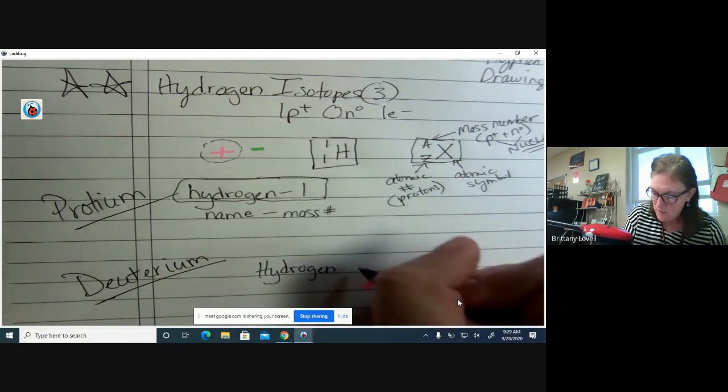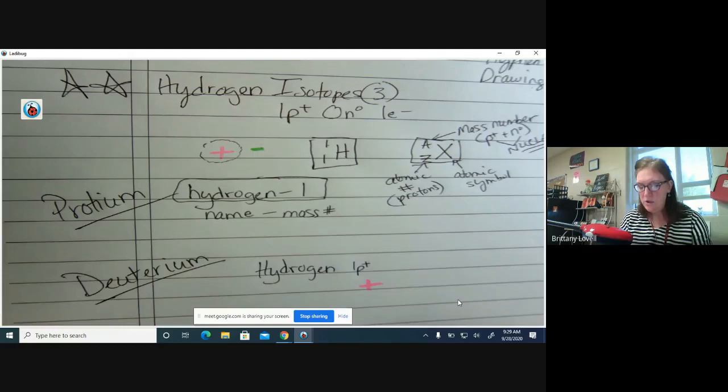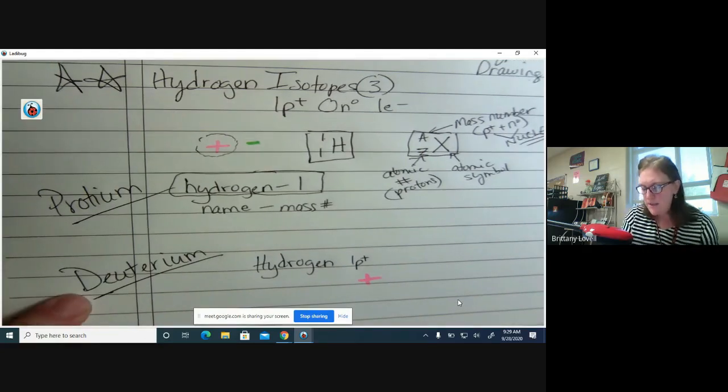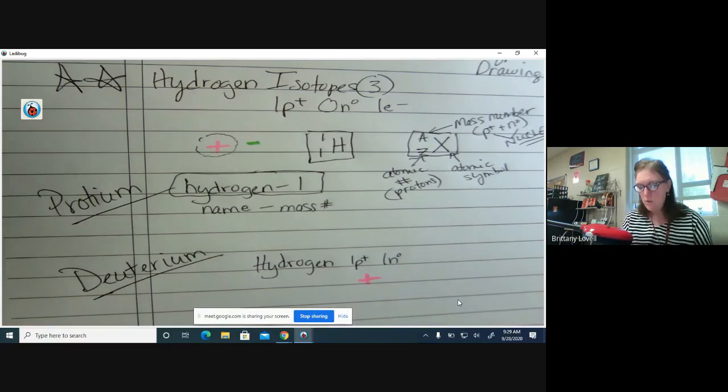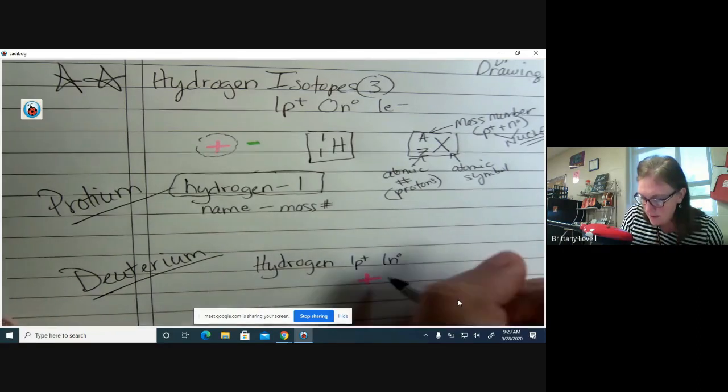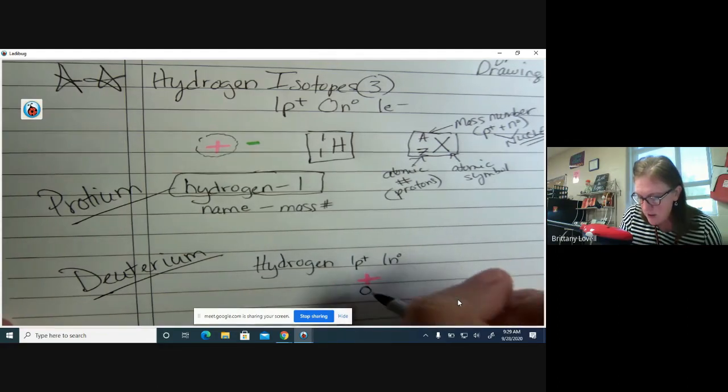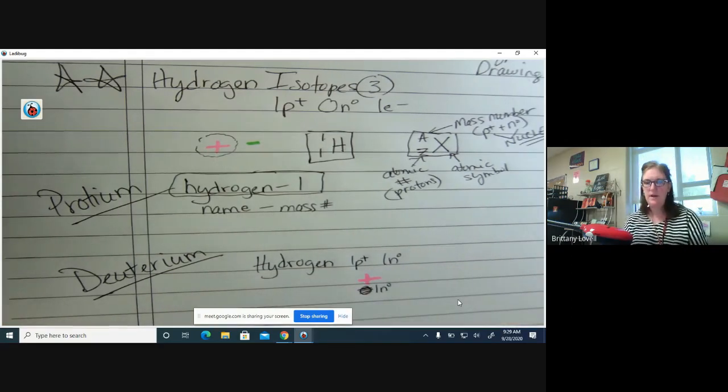So 1 proton. But deuterium means it's going to have one neutron as well. So we're going to put one neutron in there, and I'm just going to write down a 1 neutron. So we'll just put 1 neutron, do it like that.